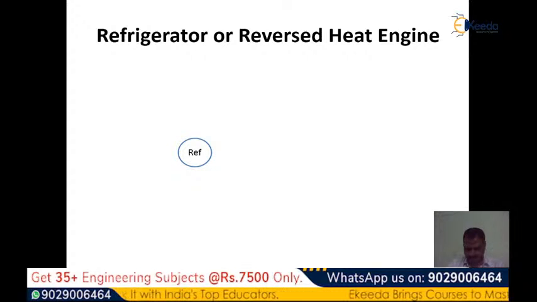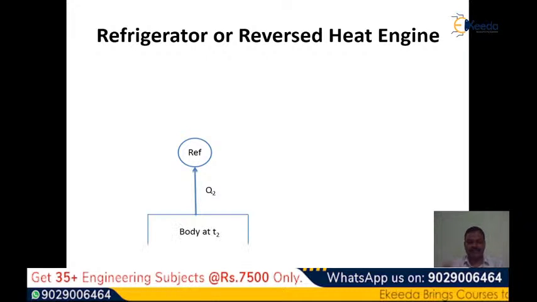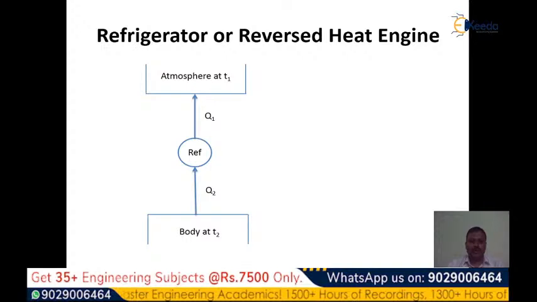So this refrigerator receives Q2 amount of heat from a body which is at a temperature of T2, or a body that is to be maintained at a temperature less than the surroundings, and it will reject Q1 amount of heat to the atmosphere, which is at a temperature higher than the temperature of the body, by receiving WC amount of work.